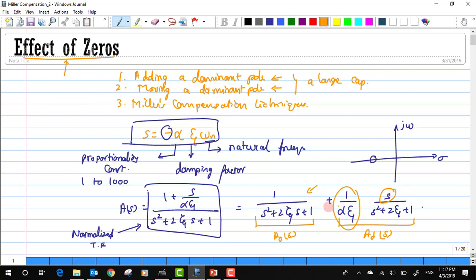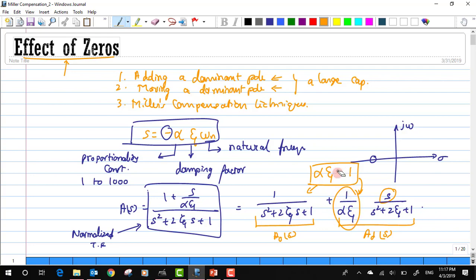So in general, the 1 upon alpha times zeta could be visualized as a gain term if alpha times zeta is less than 1. If the value of this term is less than 1, then the term 1 upon alpha times zeta would act as a gain term.